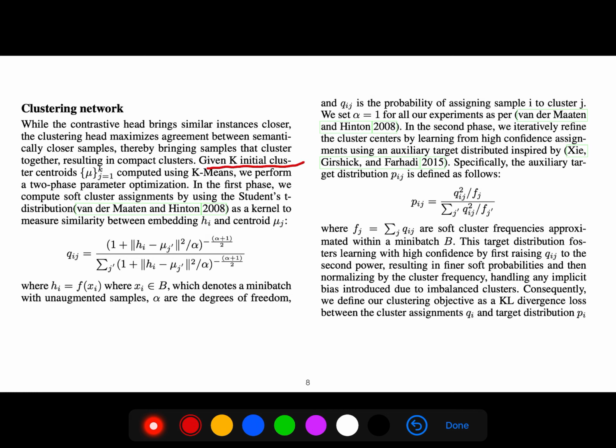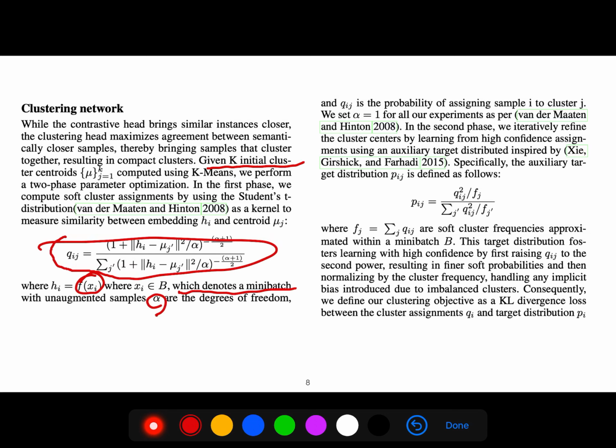Given k initial cluster centroids computed using k-means, we perform a two-phase parameter optimization. We compute soft cluster assignment by using this Student's t-distribution as a kernel to measure similarity between the embedding h_i and centroid mu_j. Here h_i is f(x_i), where x_i denotes a mini-batch with unaugmented samples.